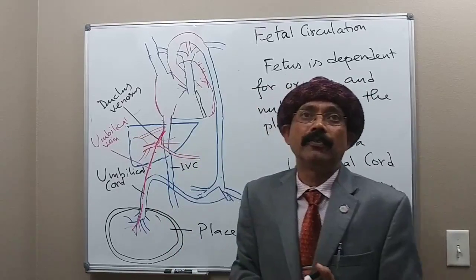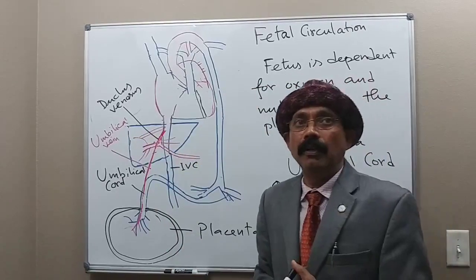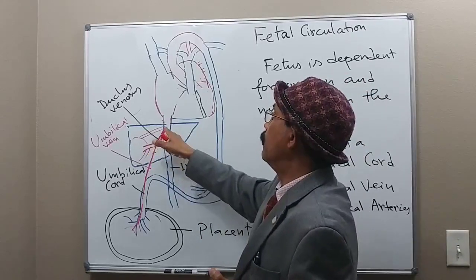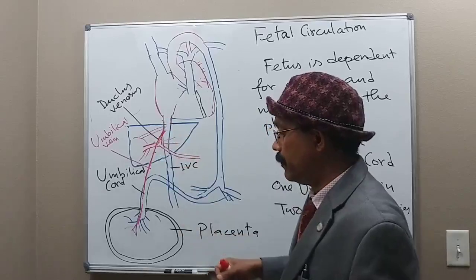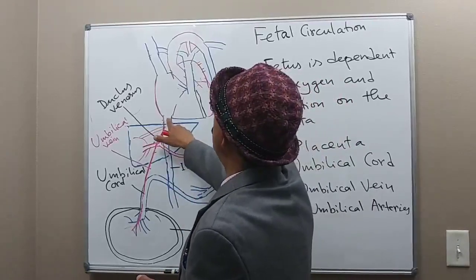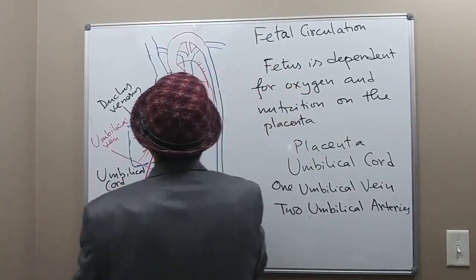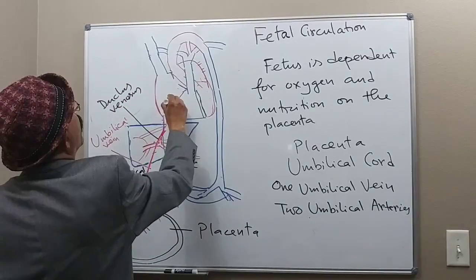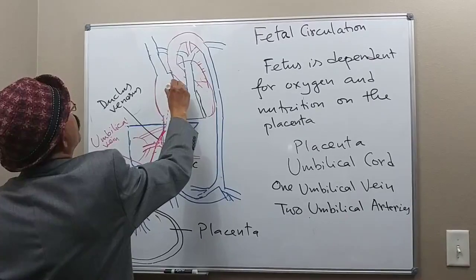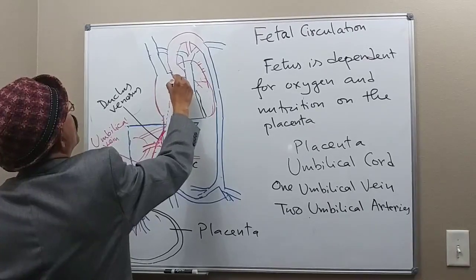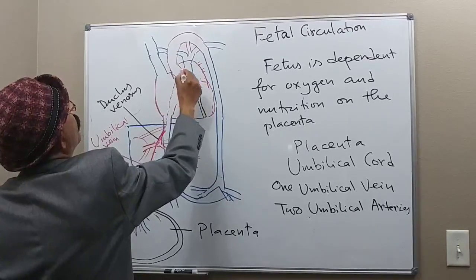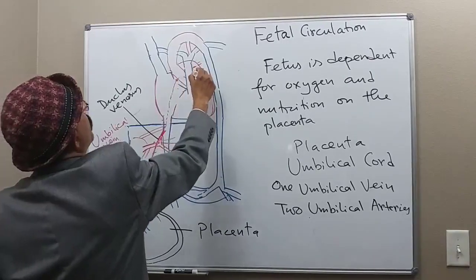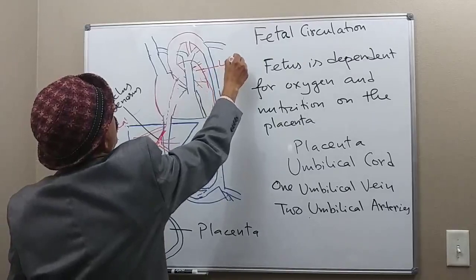The half that goes to the inferior vena cava is directed to the right atrium, then through the foramen ovale to the left atrium. This is the left atrium.